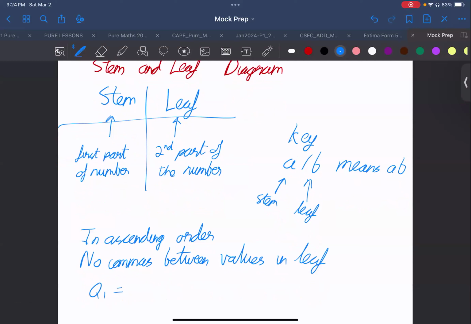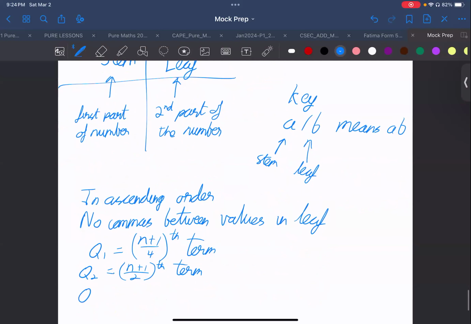Q1, go to the (n plus 1) over 4 term. Q2 is the (n plus 1) over 2 term. Q3 is 3 times (n plus 1) over 4.